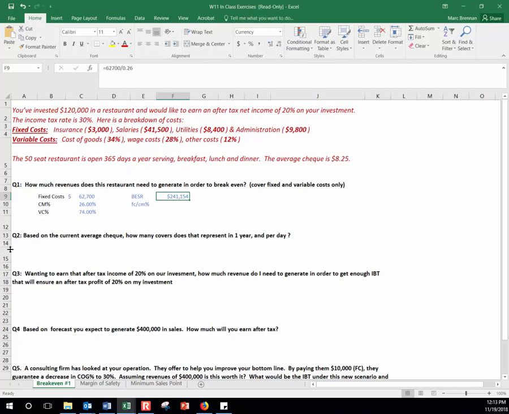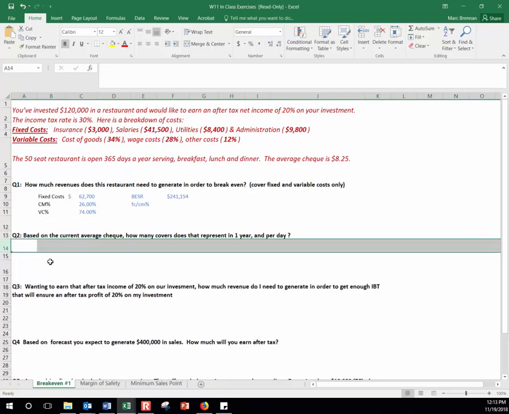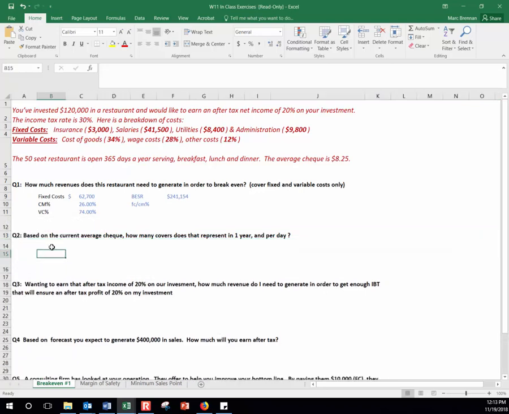Now, using that information, we can start to look at a few different things. We can start off by figuring out, based on the current average check, how many covers that represents in one year and per day. So what we're looking for is our BEU, which is our break-even units.